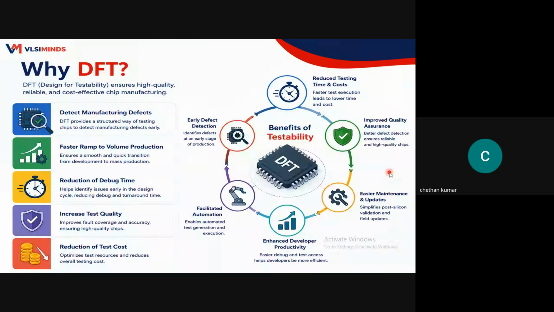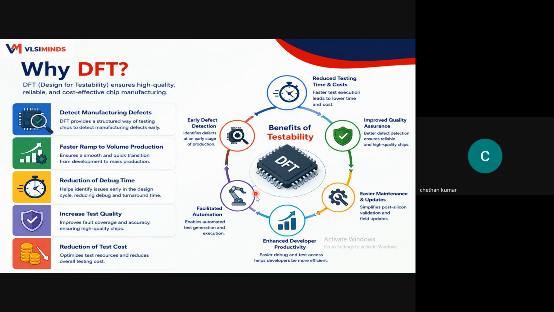There is also easy maintenance, meaning that even after manufacturing, we are able to test that chip, and only if it is fine, we deliver. We can easily do silicon debug, that is, silicon validation. Even after getting the silicon out, we can test it and then give it to the customer. It ensures productivity, and it is easy to debug when we have logic inside it.